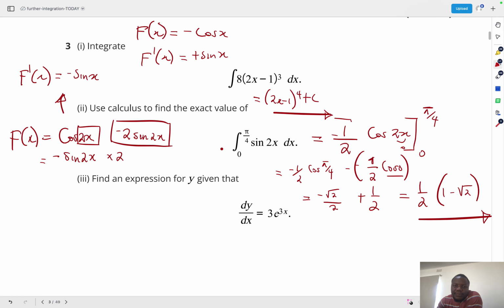Like for example, what we know is that if you've got sin of f of x and you want to integrate this, what you are going to have is 1 over f prime of f of x, negative, then cos f of x.